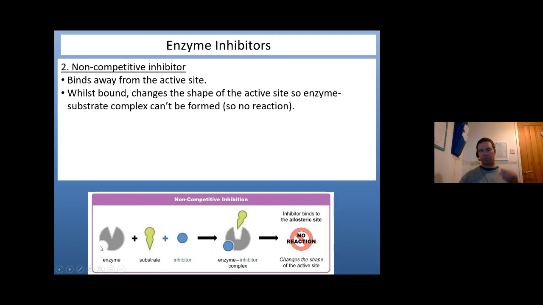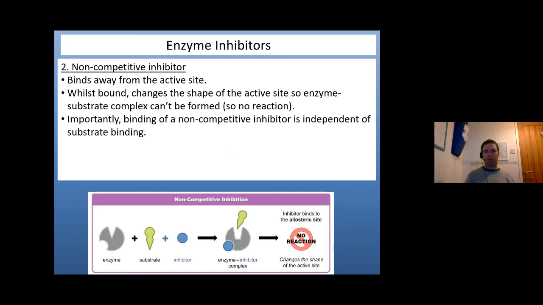The term's not important, you don't need to remember that, but just know it binds away from the active site. When it binds to that location, it also changes the shape of the active site. Binding at this location on the enzyme causes the active site to change shape, and now it's no longer complementary to the substrate.